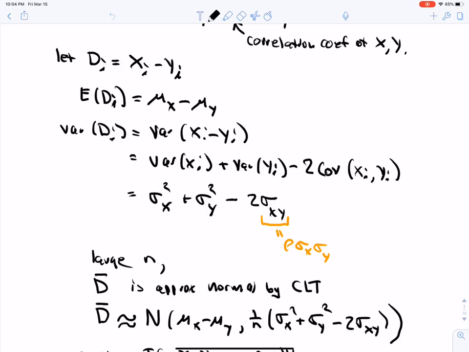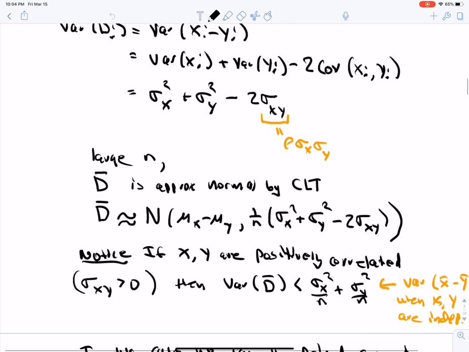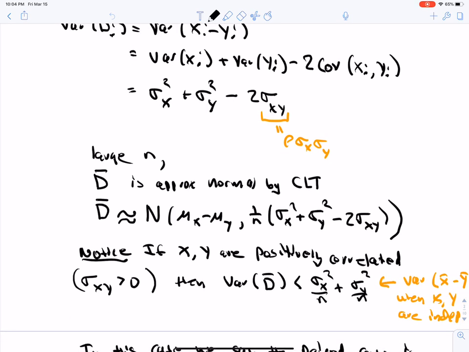So now for large n, the sample mean d bar is approximately normal by the CLT, approximately normal with mean mu x minus mu y and variance 1 over n times sigma x squared plus sigma y squared minus 2 sigma xy.